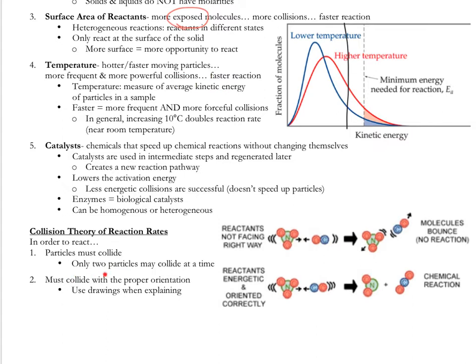Here it says only two particles collide at a time. That's what you should have in your mind. There are very, very rare instances where we could have three things colliding at the same time, but we'll talk about what that is and why that's so rare. But there's also the chance that two things aren't colliding. In a decomposition, it could just be one thing breaking apart.